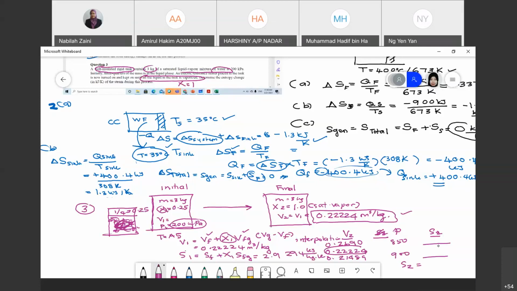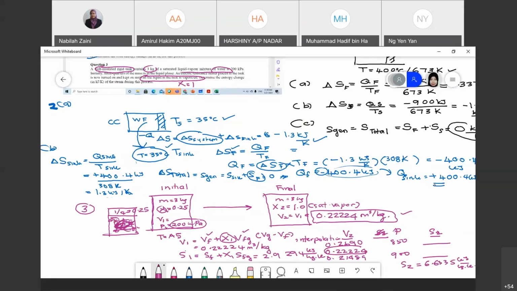Then from here you do the interpolation and you will get S2. I will give you the answer: 6.6338 kilojoule per kilogram Kelvin. Then, determine the entropy change of the steam during this process.